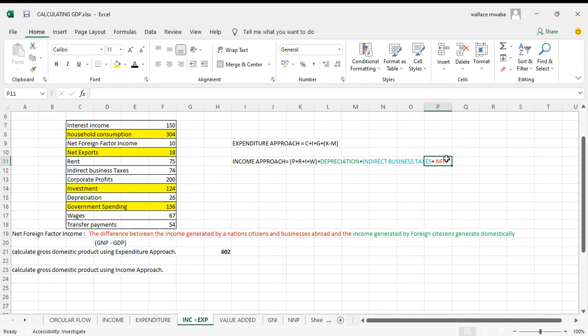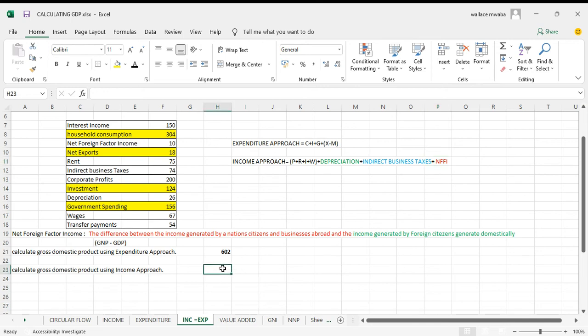We're comparing the income the citizens and the businesses of a nation receive abroad to the income received by the foreigners domestically. So, for example, in Zambia, we'll be comparing the income received by the Zambian citizens and businesses abroad versus the income received by foreigners living in Zambia.